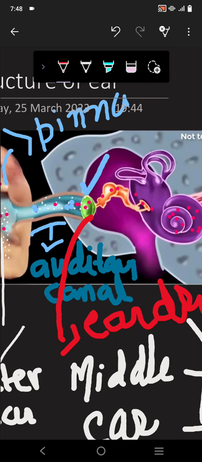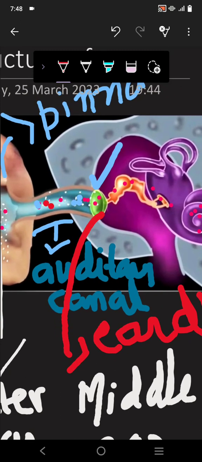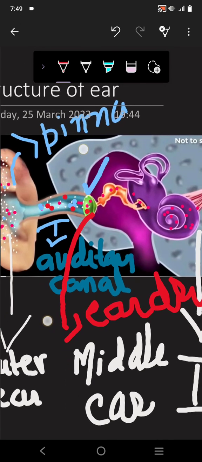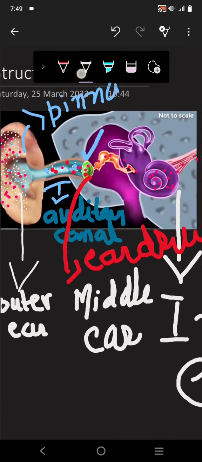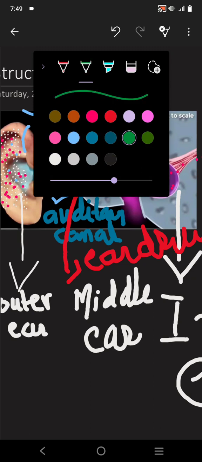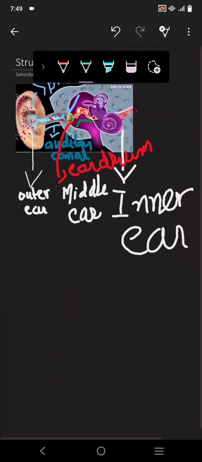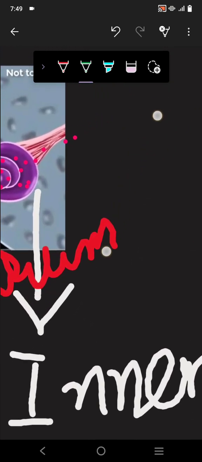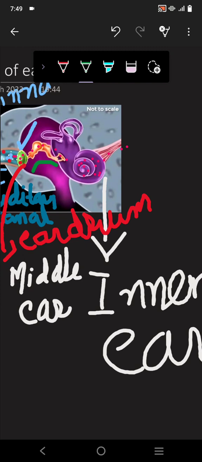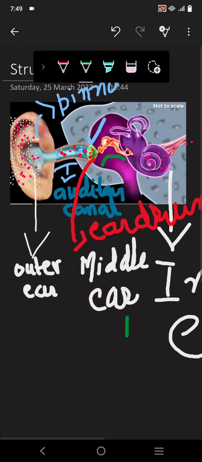This is very sensitive, so when any disturbance comes here, it will detect it and start vibrating from its place. Then after vibration, your sound wave goes into these tubes, which are part of the middle ear. The ear pinna, auditory canal, and eardrum are the part of the outer ear.